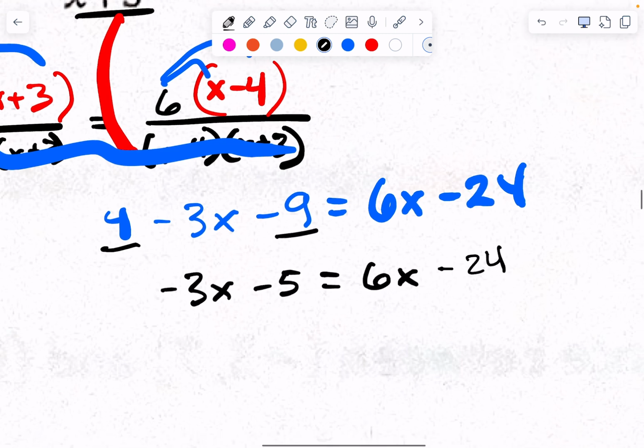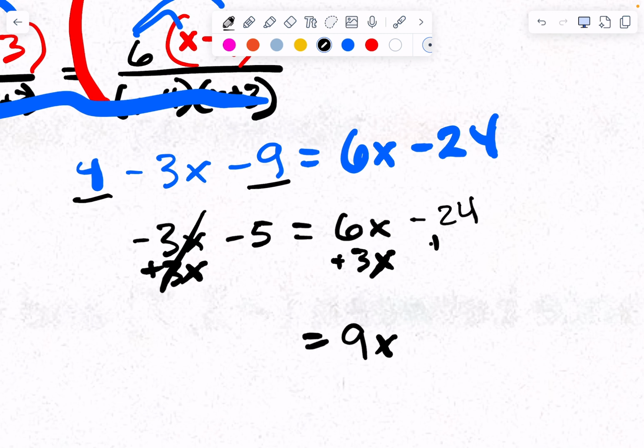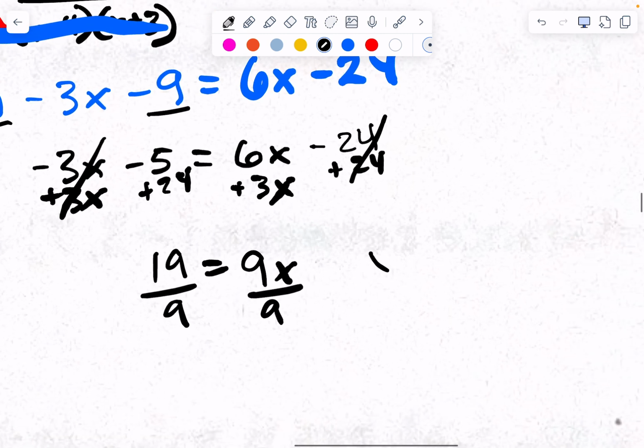This is not going to come out nice. If I add the 3x over, that makes 9x, equals, I'm going to add the 24 over. Is that 19? 19 over 9, whatever that is. I'll just say 19 over 9.